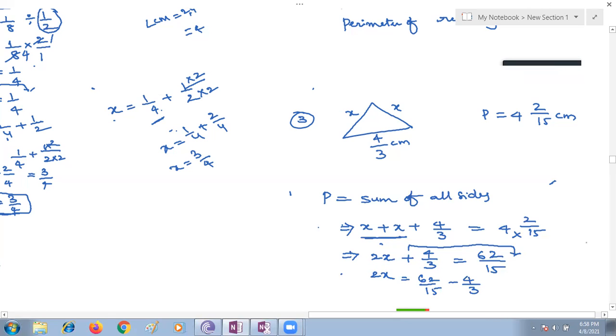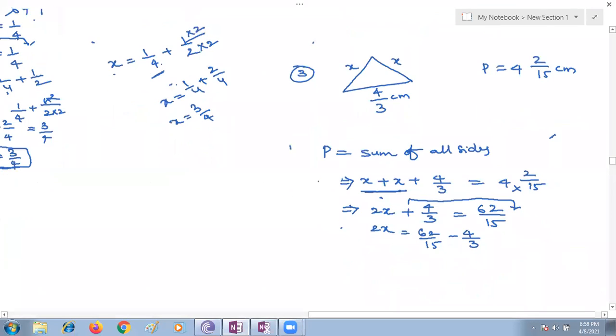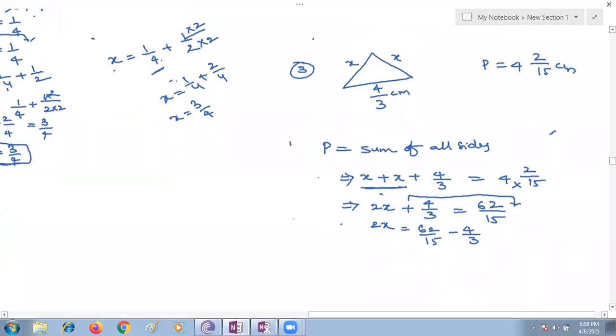Now, the LCM is 15. Wait a minute, my question is for Jitvesh. What is the LCM of 3 and 15? Is 15 a multiple of 3?